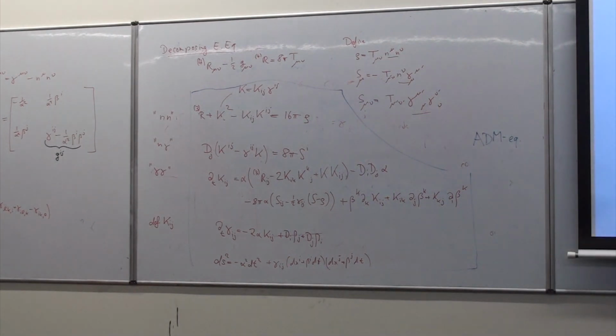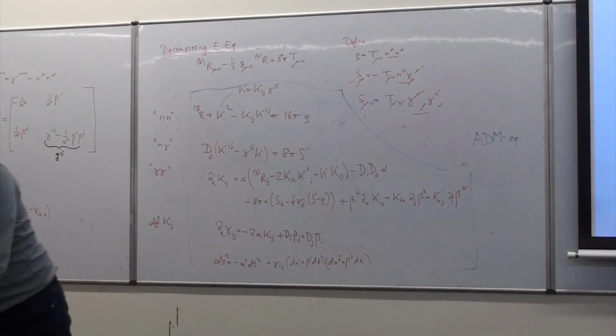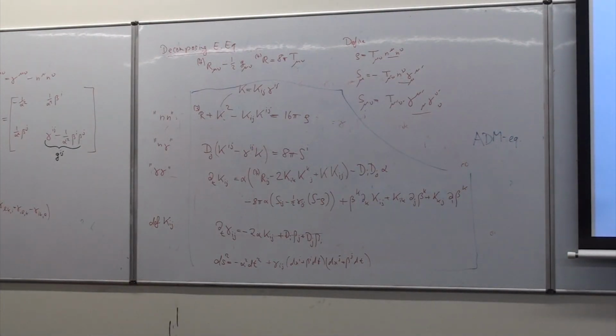This is now the fundamental decomposition of Einstein's equations, such that we can begin thinking about hypersurfaces and moving forward in time. And so we'll spend the next 10 minutes discussing the structure of these equations and how this might help us moving forward.